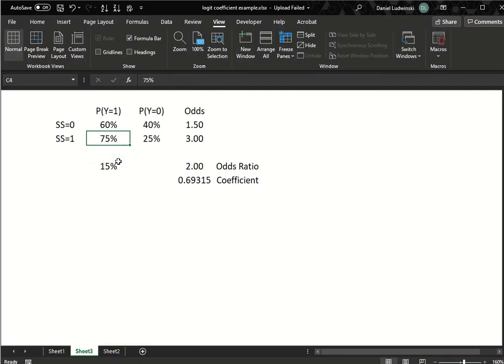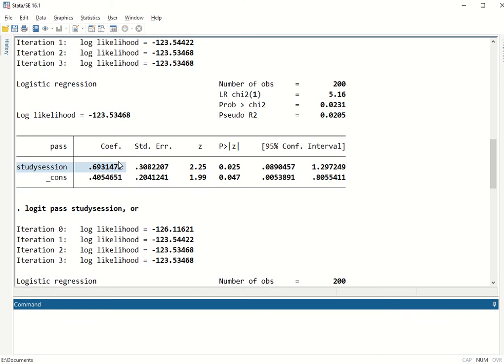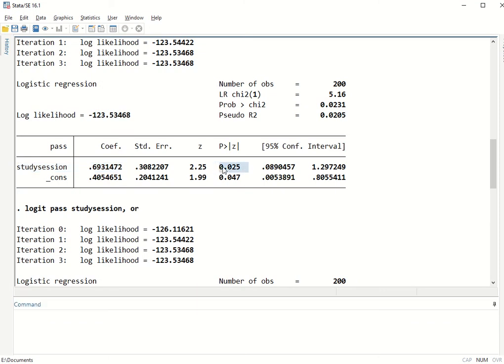If this were, say, 55%, we would get a negative coefficient in our logit regression. So the sign matters. The other thing that matters is the significance. These p-values are fine to interpret as we have interpreted them in different models.